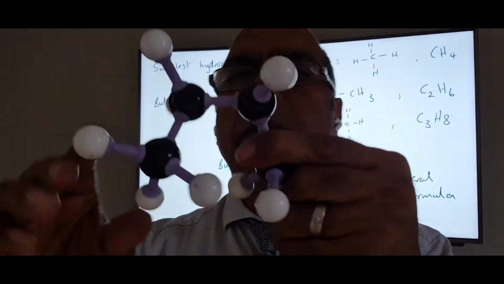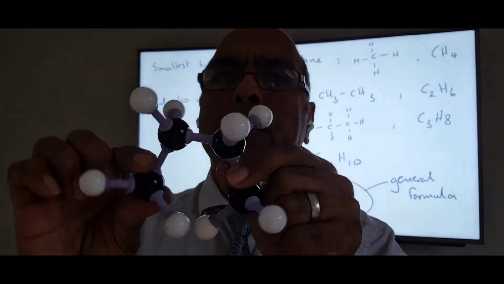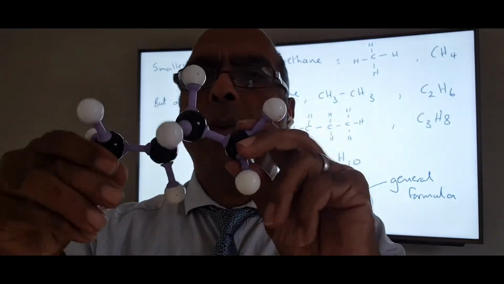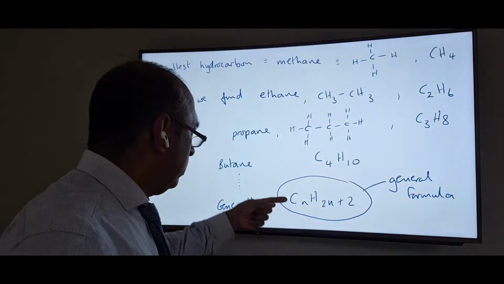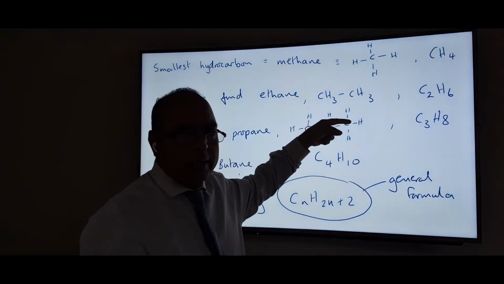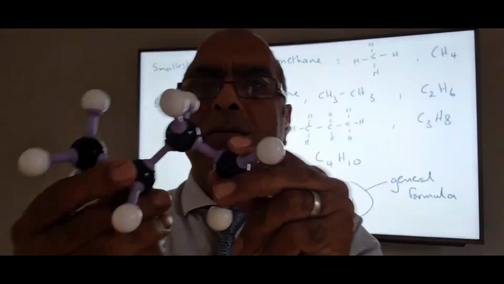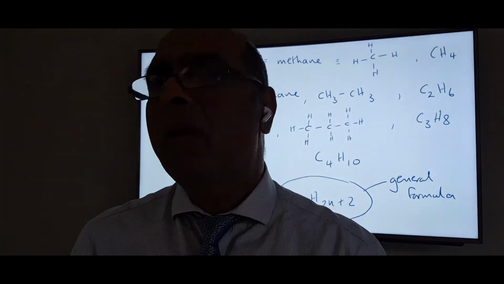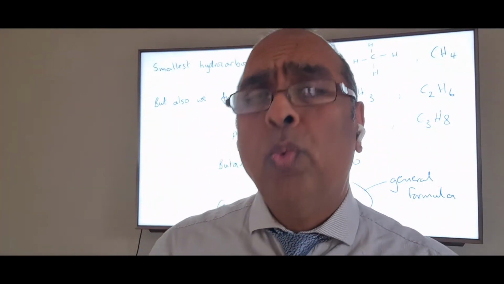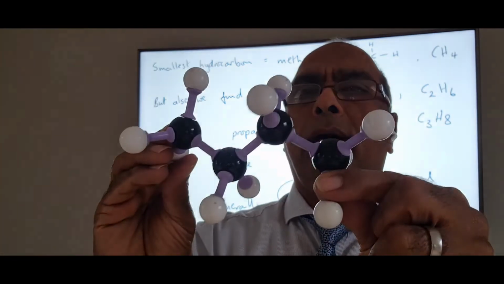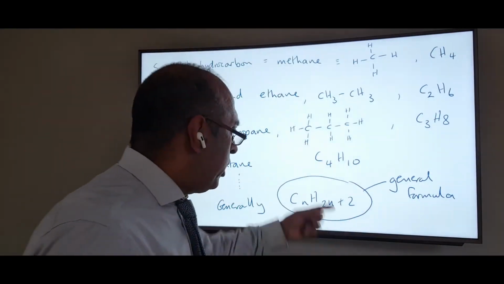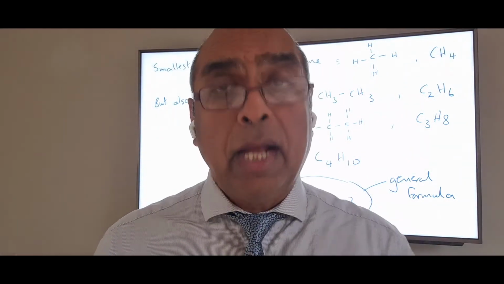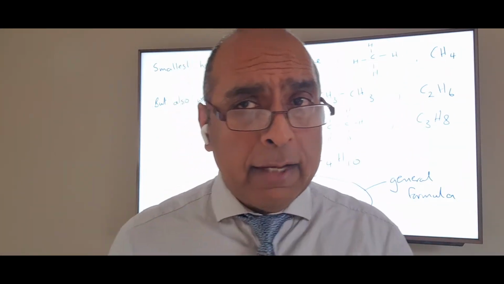But with a molecule like this, I want you to know you can rotate these things round like that. When you're drawing it, we tend to draw them in a straight line, but they're not really in a straight line, they're kind of zigzaggy. The molecules are in fact zigzaggy, but we don't draw them zigzaggy, we draw them as straight chains. That's not right, but it's something we do, and you're just going to have to get used to it.